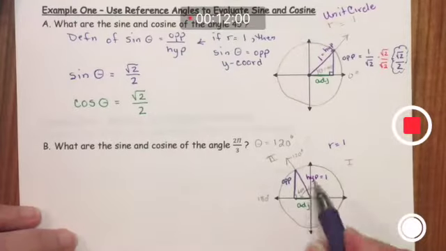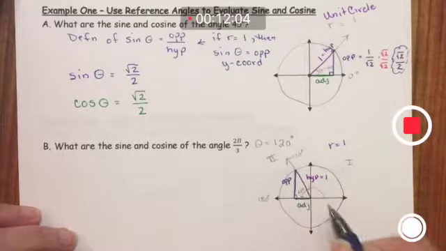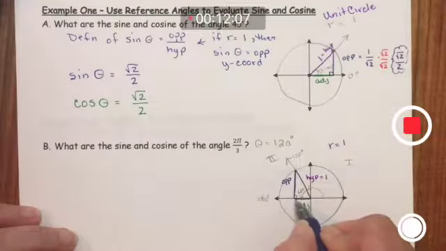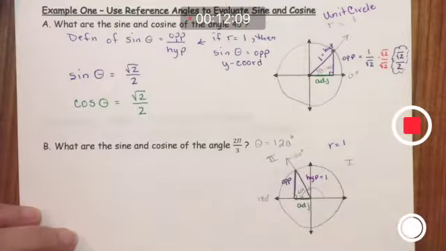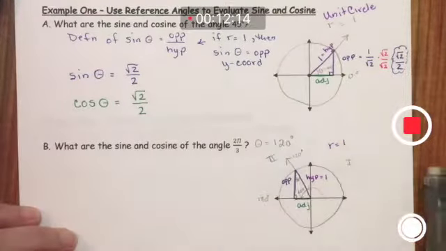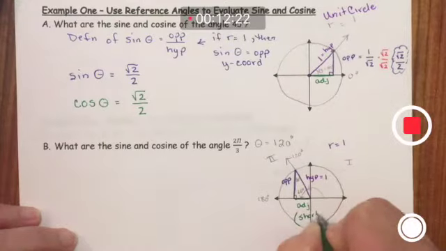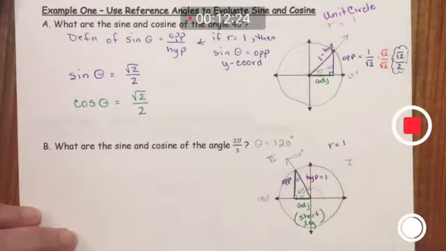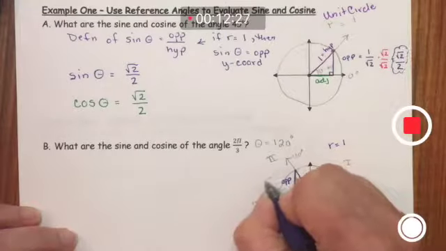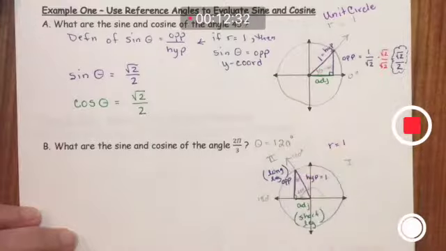Because this triangle that we created is a special right triangle, it's got a 90-degree angle, it's got a 60-degree angle, that forces this angle to be 30 degrees, and that makes my adjacent the short leg, and it makes my opposite side the long leg of a special 30, 60, 90 triangle.